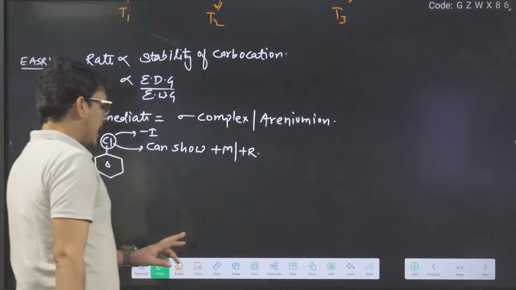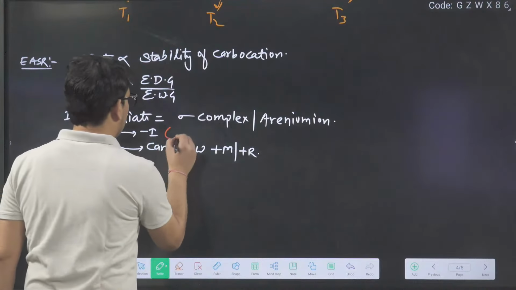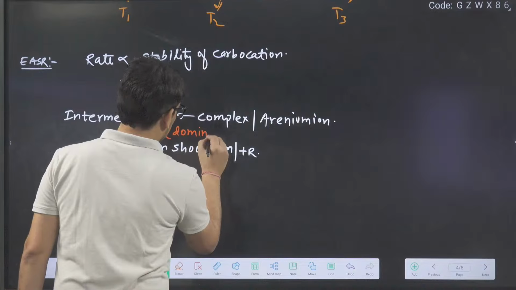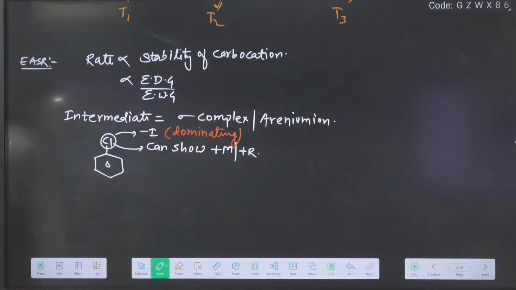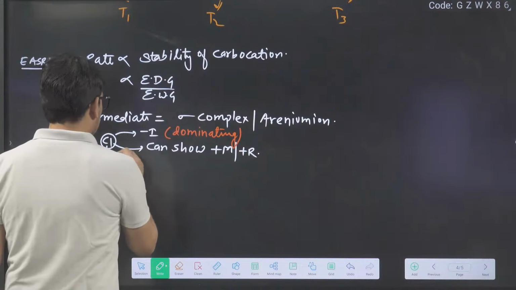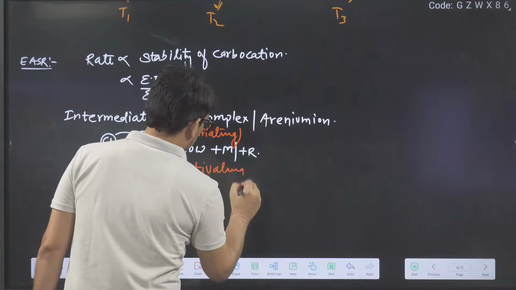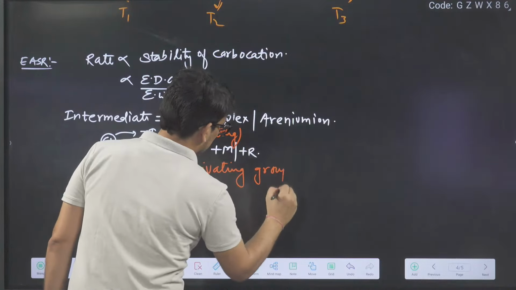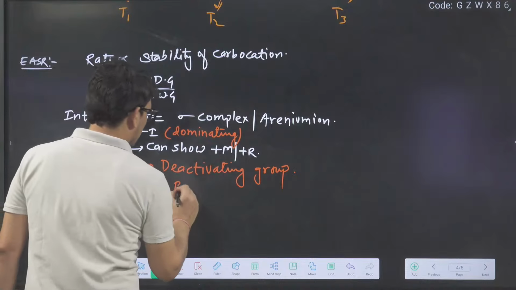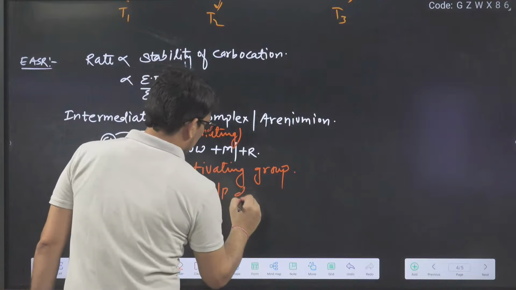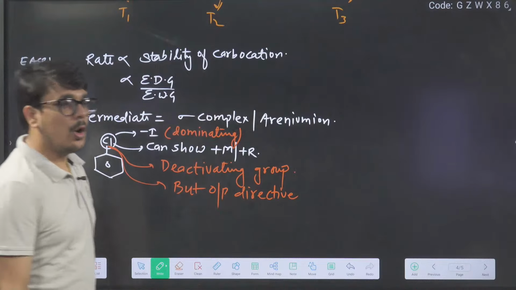If this is minus I, then if you remember, in case of halogens, minus I is dominating or not? So first thing, these groups are called deactivating groups. But which directive?